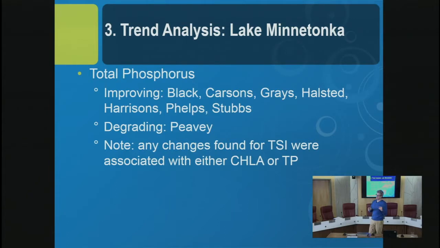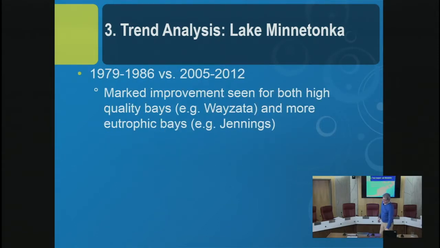I mentioned that trophic state index, which is kind of an amalgam of those phosphorus, chlorophyll, and Secchi. The only time you really saw changes in that, they were really associated with chlorophyll and phosphorus. So using that for statistical tests really didn't show any improvement. And again, looking at the early 80s versus the last several years, we saw a marked improvement, which is very encouraging.